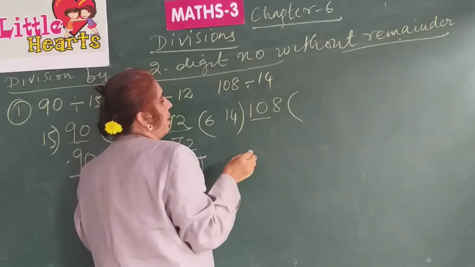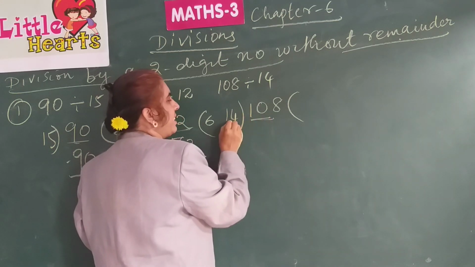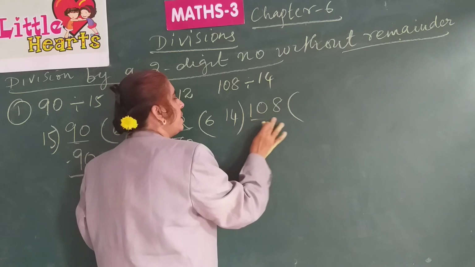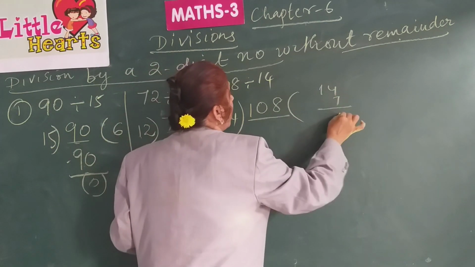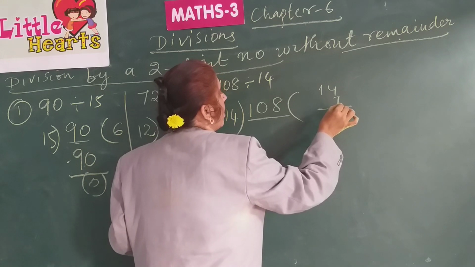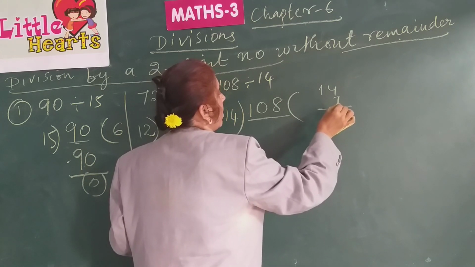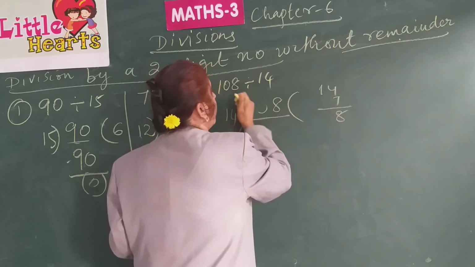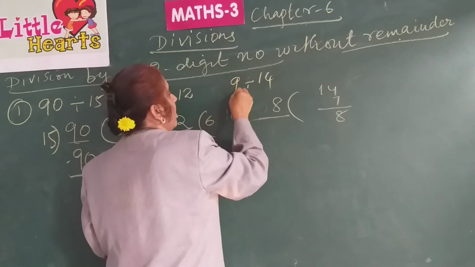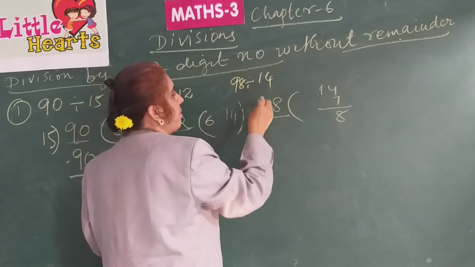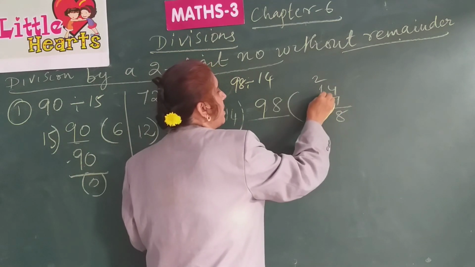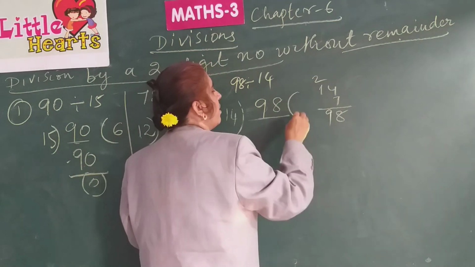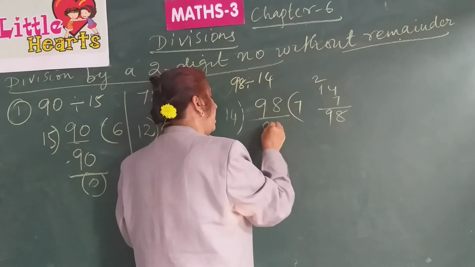These 2 digits are less than 14, so take 3 digits at a time, and 14 sevens are 98. 14 sevens are 98.